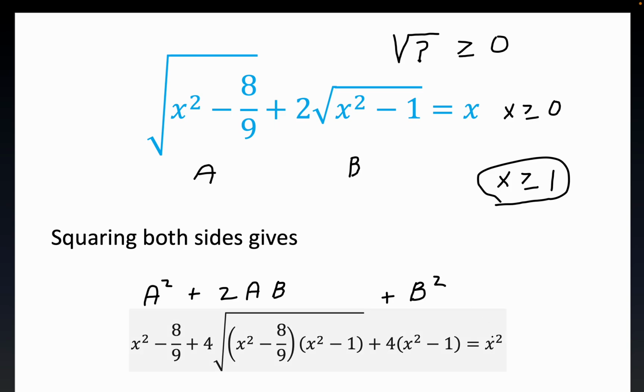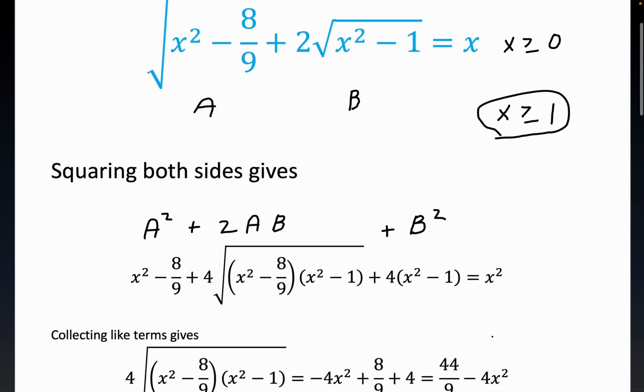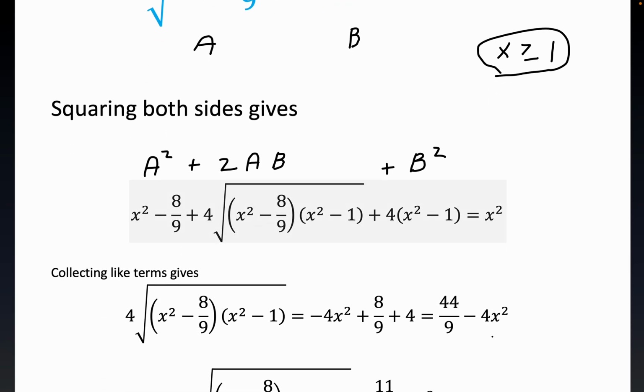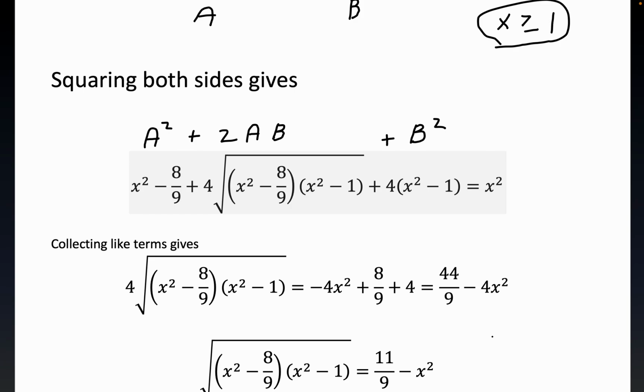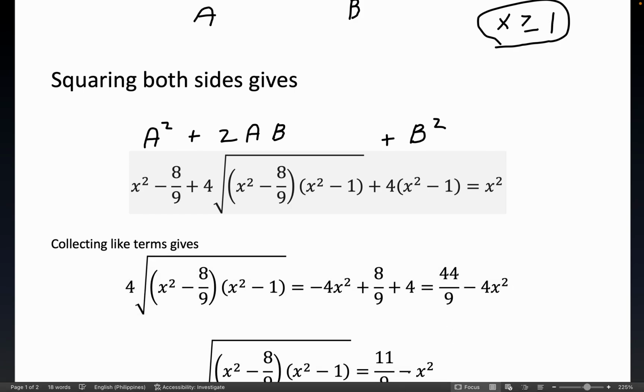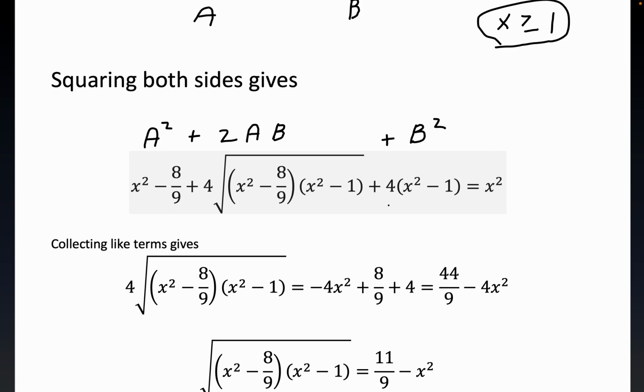Okay. Now let's keep moving here. Collecting like terms. Now I'm not going to go through each; you can just check it yourself. I double checked. I'm pretty sure I got it all right. Notice you have 4x squared here, and you have x squared here. That's 5x squared. And so when you take that away from x squared, you get the minus 4x squared you see right here.